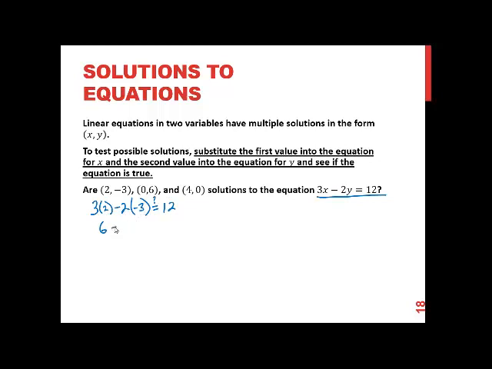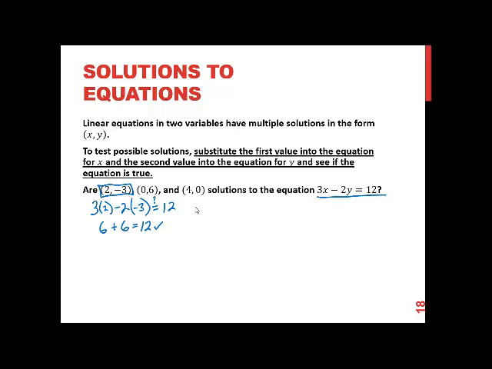Minus 2 times -3 is another 6. We have a true statement. That tells us that 2, -3 is a solution to the equation. That also tells us it is a point on the graph of that line.